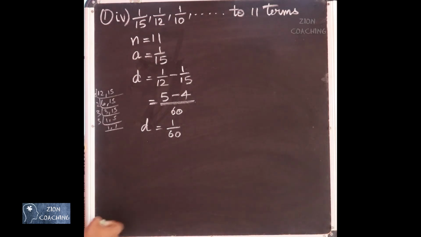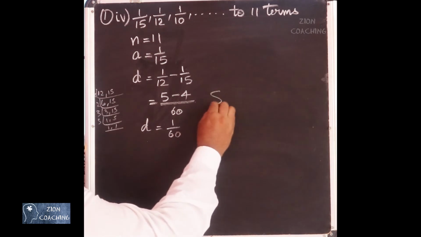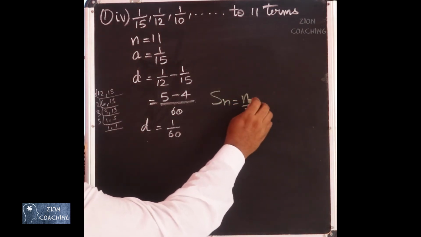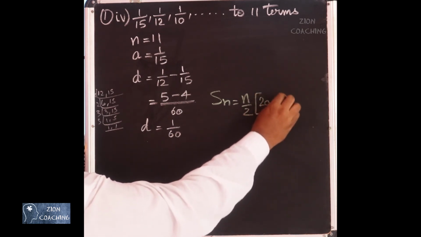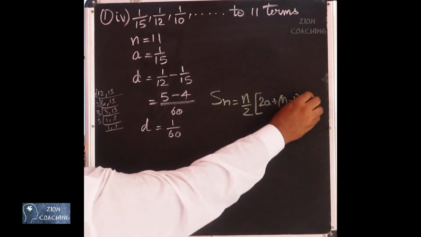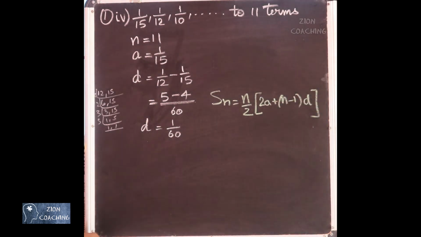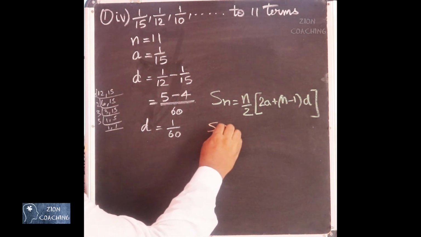Now the formula to find sum up to n terms is Sn equal to n by 2 into 2a plus n minus 1 into D. We are going to substitute the values and find the answer. We are going to find sum up to 11 terms.